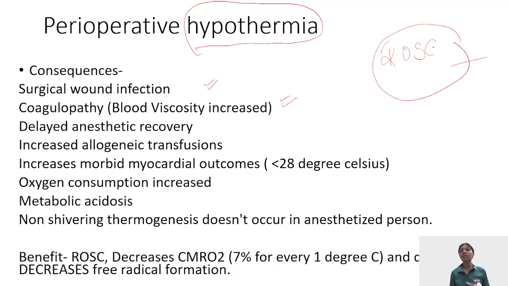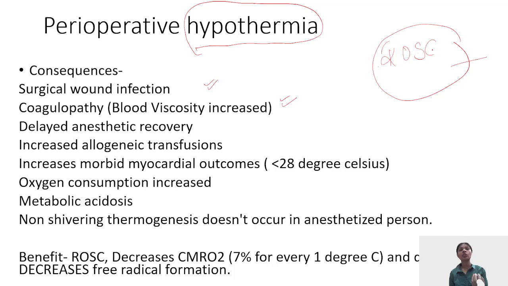So, there are certain conditions in which we need the brain to relax. In those cases, also, we prefer the patient to be on the lower side of the body temperature, and thus it helps in decreasing your intracranial pressure by decreasing the cerebral metabolic rate of oxygen consumption.